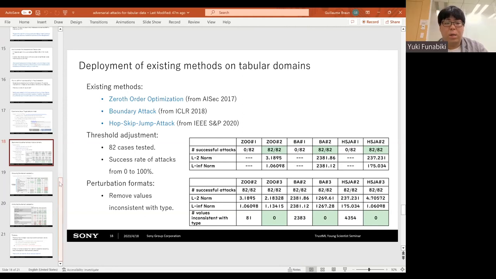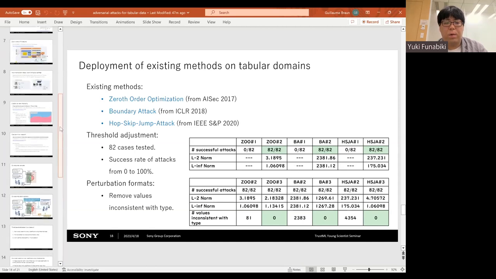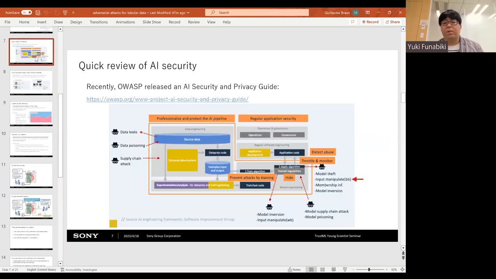Yes, I think we can consider several mitigations. At first, we can apply classical security to the model. For example, you are correct: if the cloud server detects a lot of very similar queries, they can detect the attack.